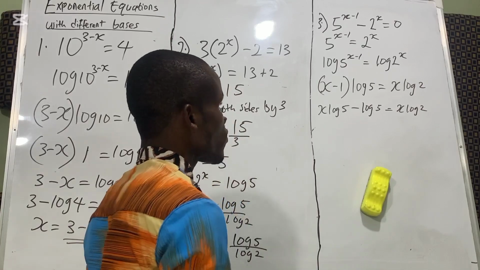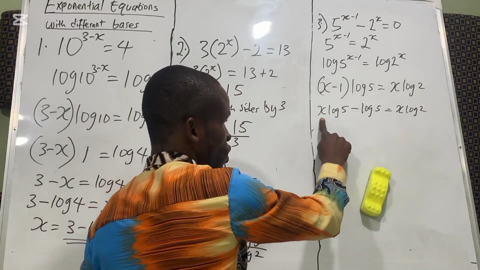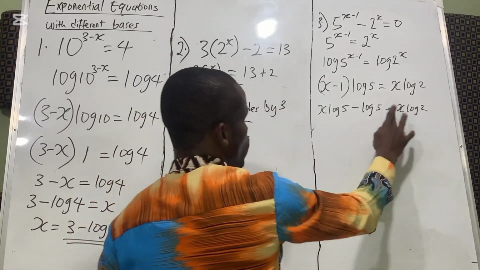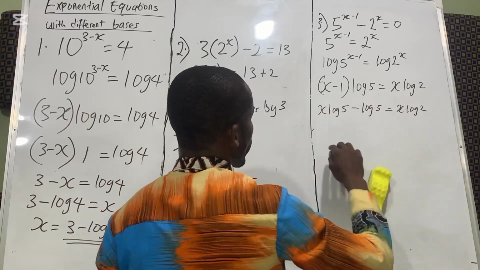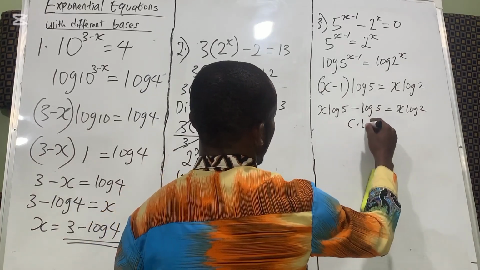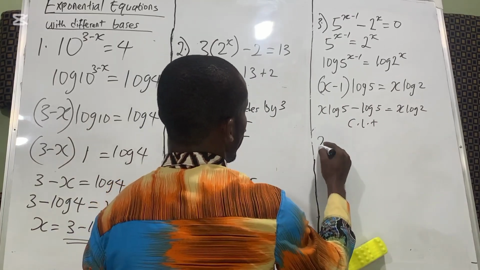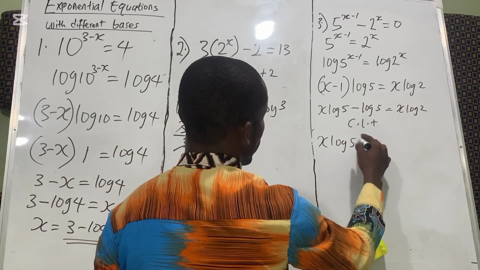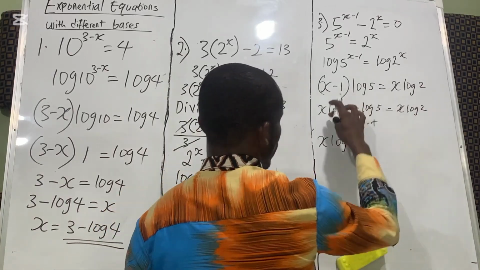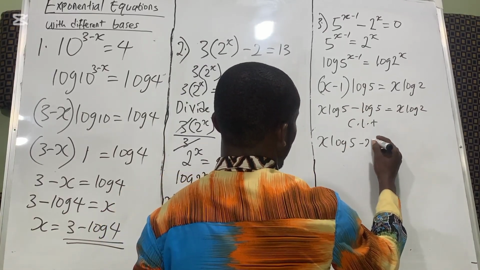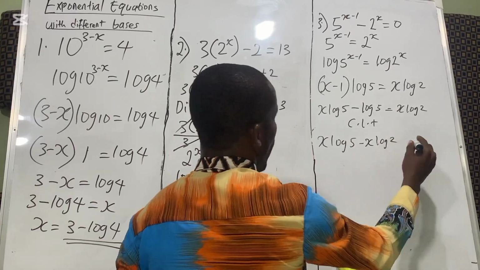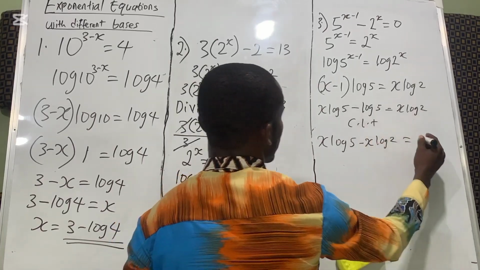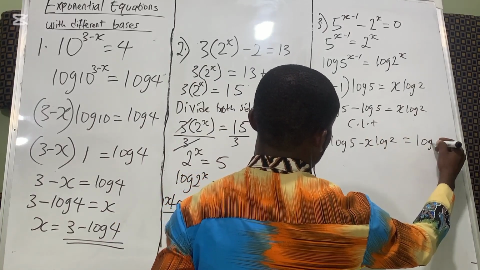Now we have x here and x here, so we can collect like terms. The x log 5 is already on the left. When x log 2 comes to the left hand side, it becomes negative x log 2. And when minus log 5 comes to the right hand side, it becomes log 5.